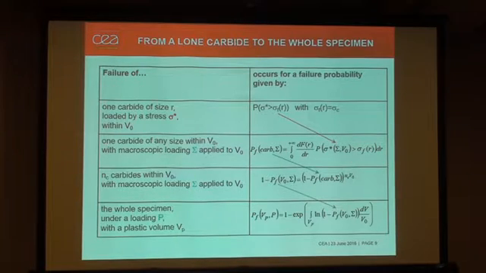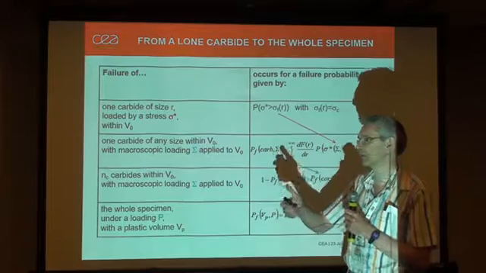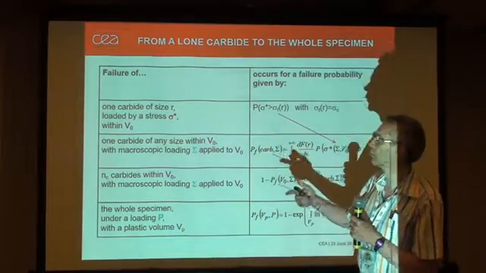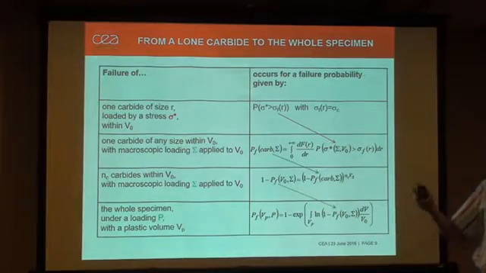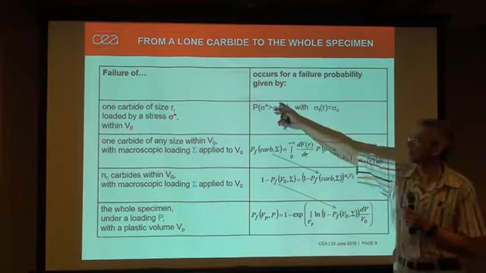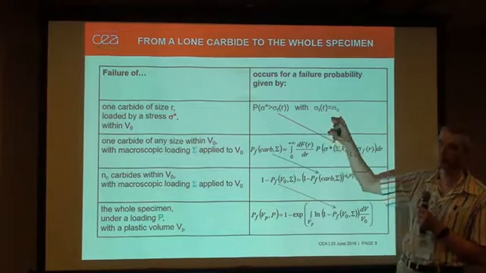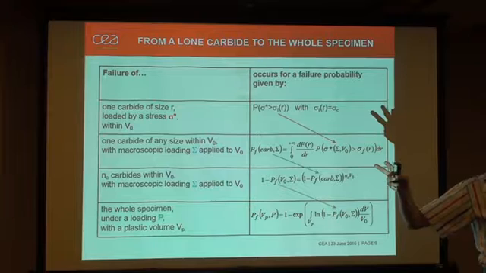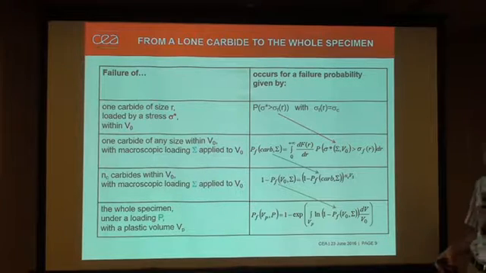So, to summarize, the failure probability of one carbide of size R, which is loaded by a stress sigma star, will be given by the Weibull function applied to the value of the Griffith criterion.